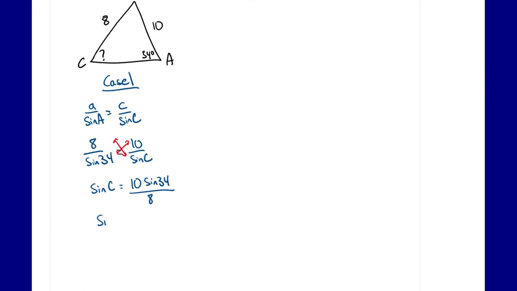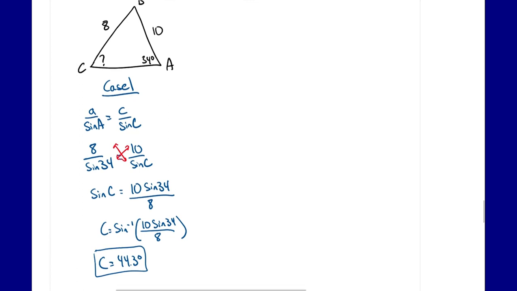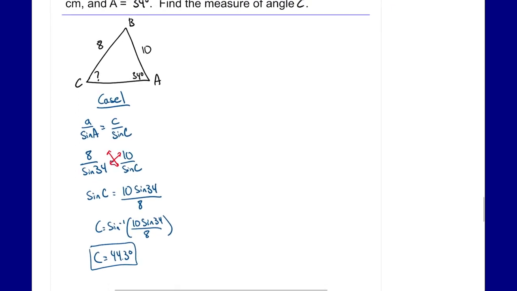Do the inverse of sine to get angle C. Sine inverse of 10 times sine 34 divided by 8. And we get C is equal to 44.3 degrees. So that's our one scenario. That's the acute angle that angle C could be.